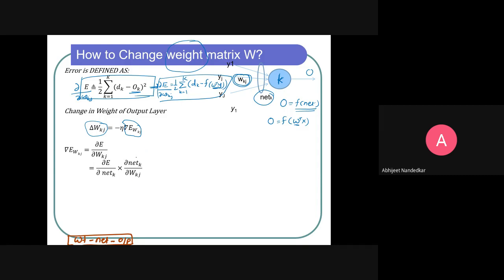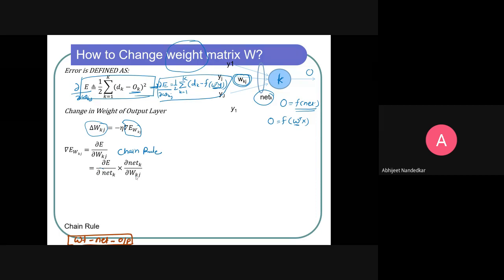Now to calculate this, I use chain rule. So what I can see is change in error with respect to change in net multiplied by change in net with respect to W_kj.